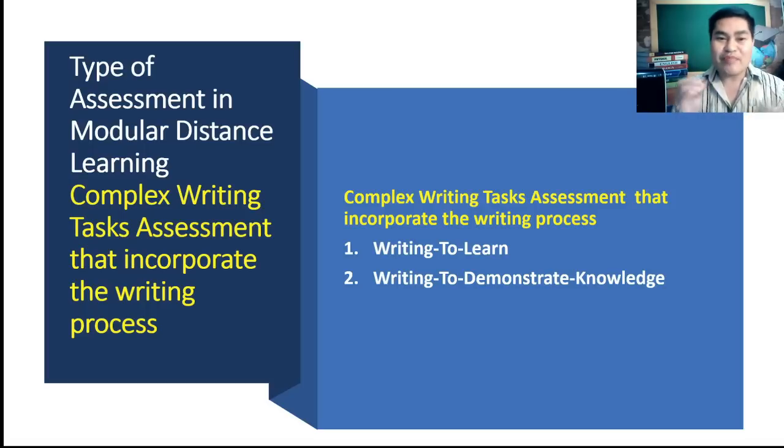So teachers have to incorporate different writing activities in the module, whether electronic or paper-based. There are two types of complex writing we can incorporate in our module. First, writing to learn, and second, writing to demonstrate knowledge. Let us dive in one at a time.